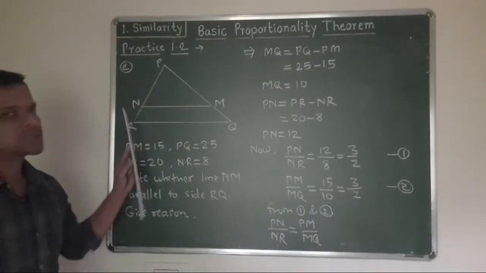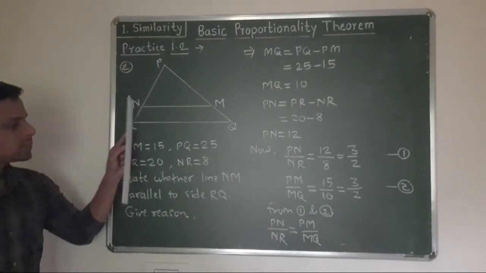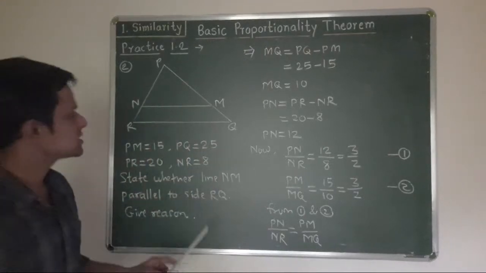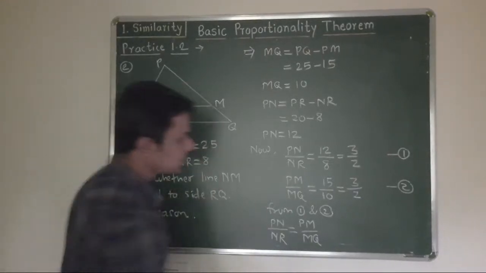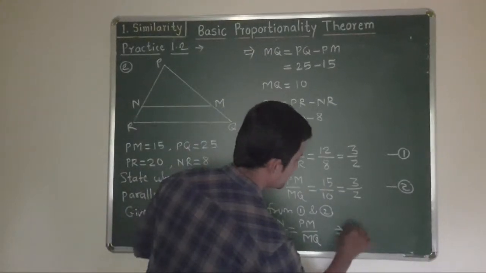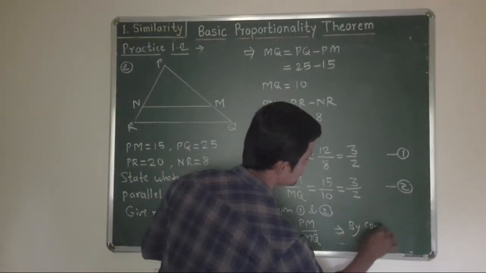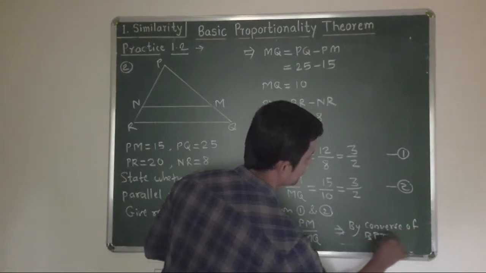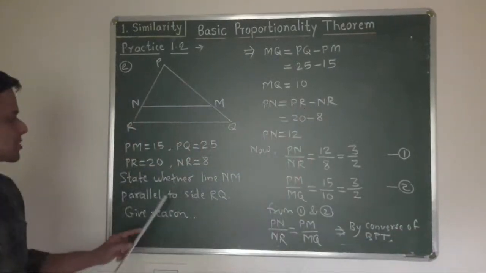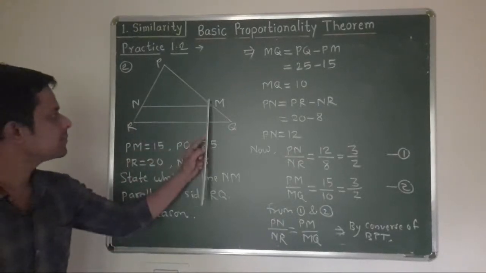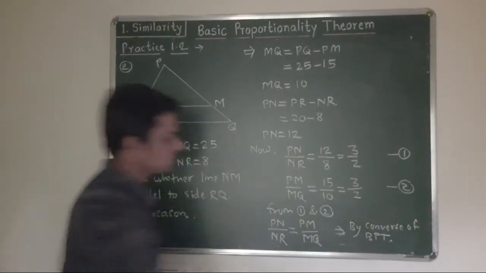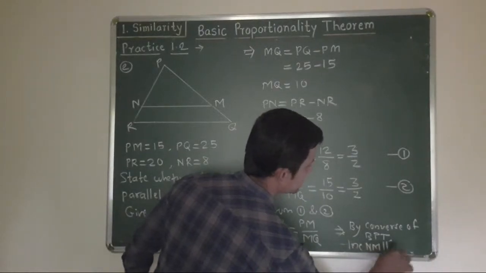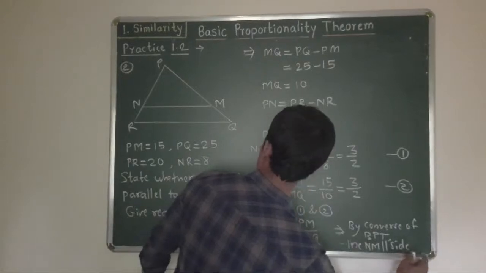We got the ratios as the same, and since these two ratios are the same, by using the converse of BPT we can write line NM is parallel to side RQ.